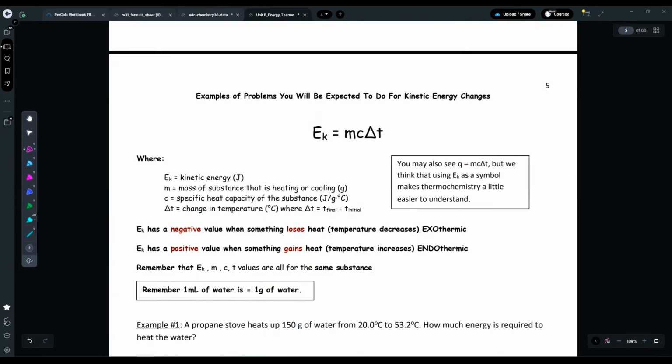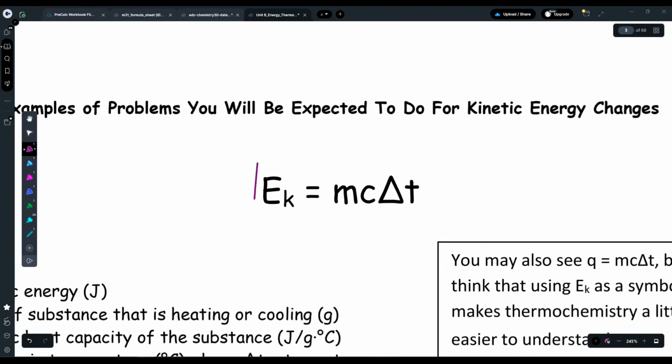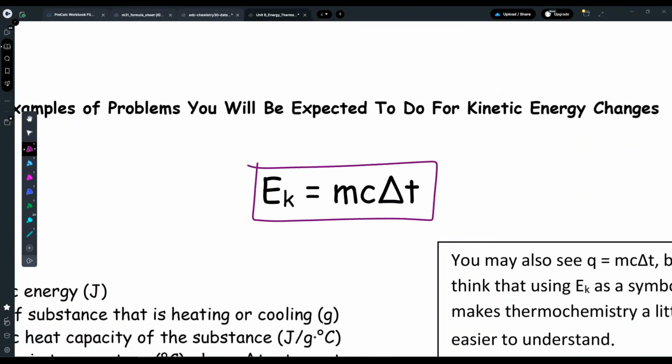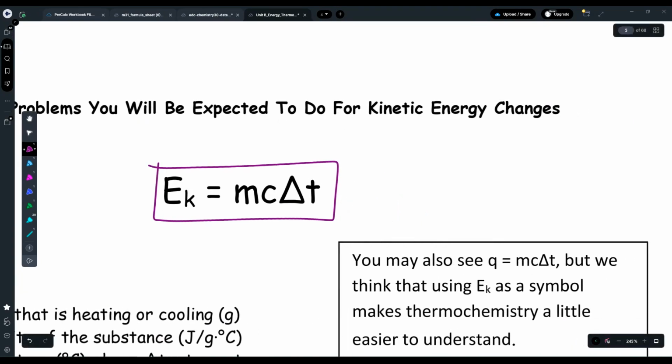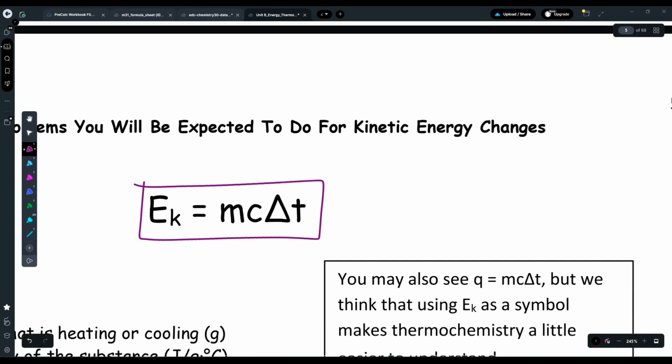All right, so we've been given this formula. Kinetic energy is equal to mass multiplied by specific heat capacity multiplied by the change in temperature. Okay, so very important to know or memorize this formula because it's not in the data booklet.